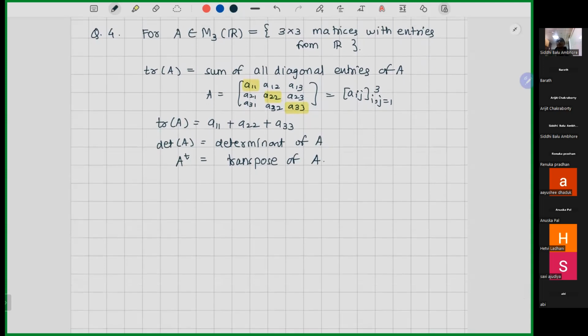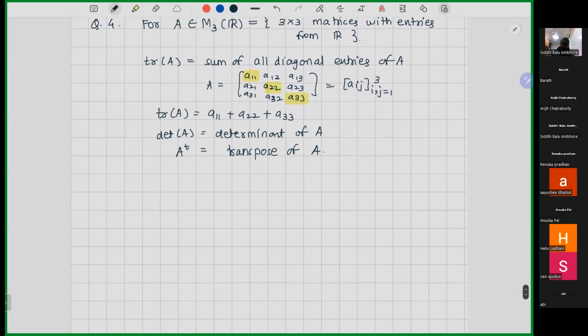Okay, so these are the setups which we will have, and we will be looking at whether the W's, which I will define in a few minutes, are vector subspaces of M3R, the set of all matrices of order 3.